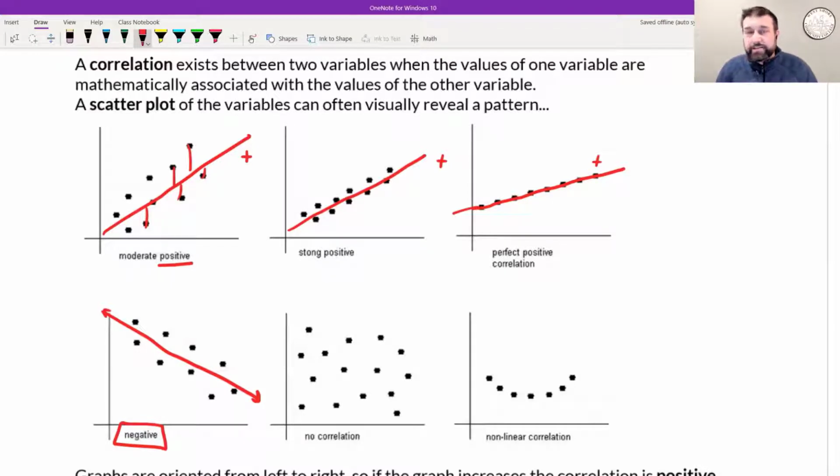It's not that it's good or bad, it's just a different slope of line. That's all the difference. No correlation just means the points are scattered everywhere. If you try to fit a line through these points, there's virtually no correlation. The points are just all over.